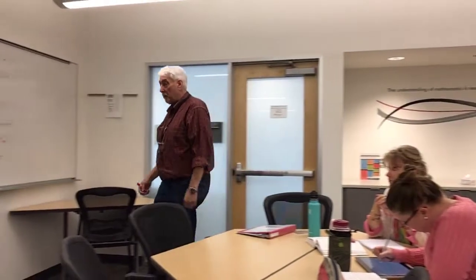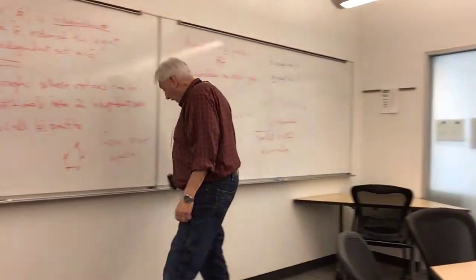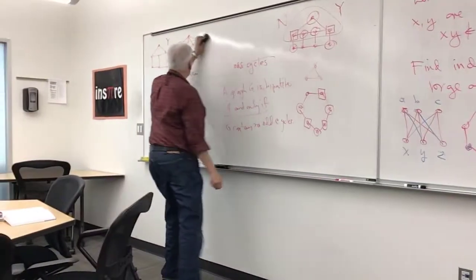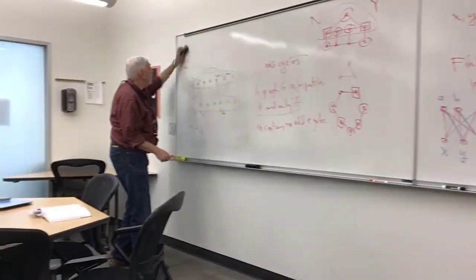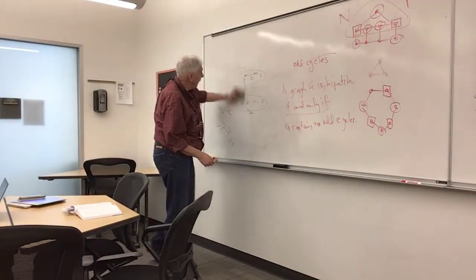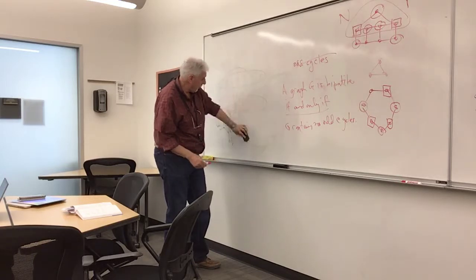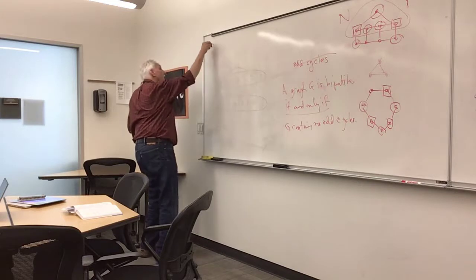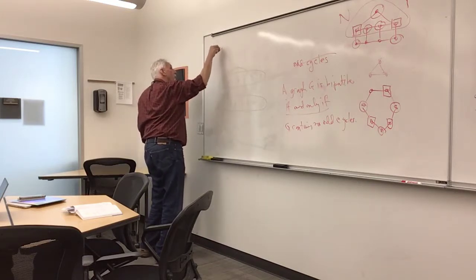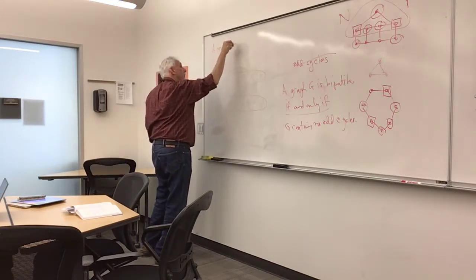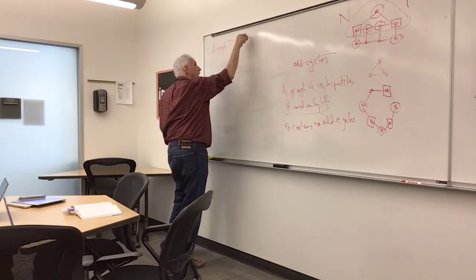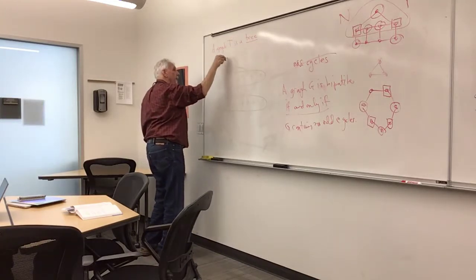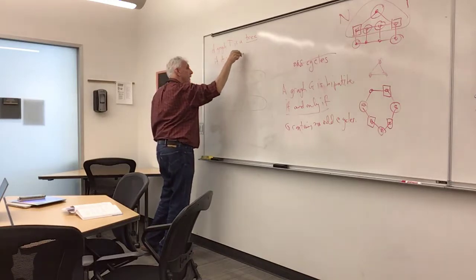So we have a very special class of bipartite graphs. And I'm going to change letter. Don't get upset. A graph T is a tree if it is connected.